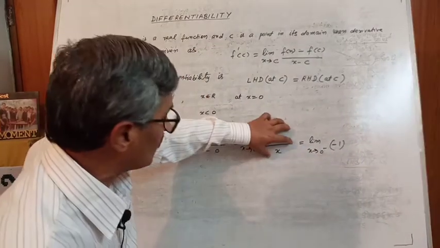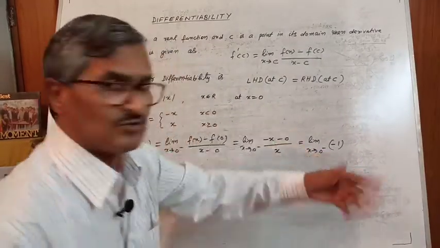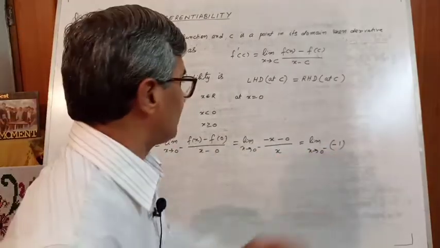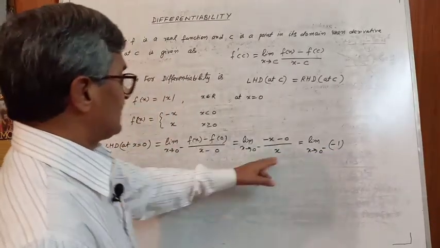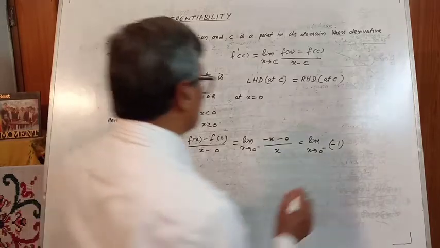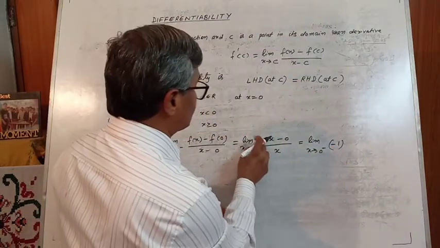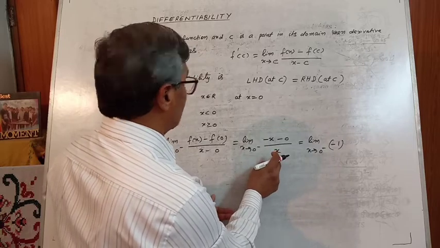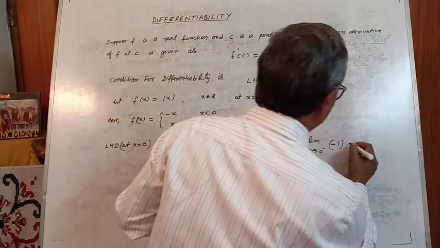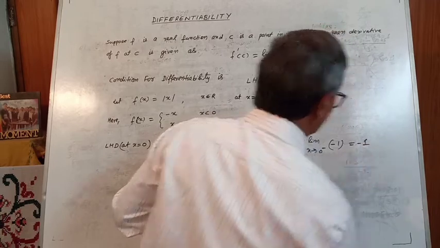Now that we have a constant function, we can directly find its limit, and that will be minus 1.